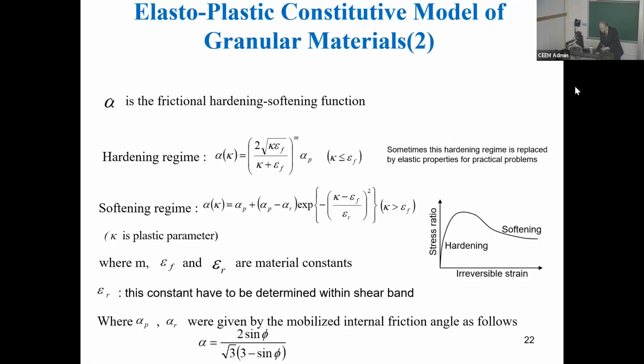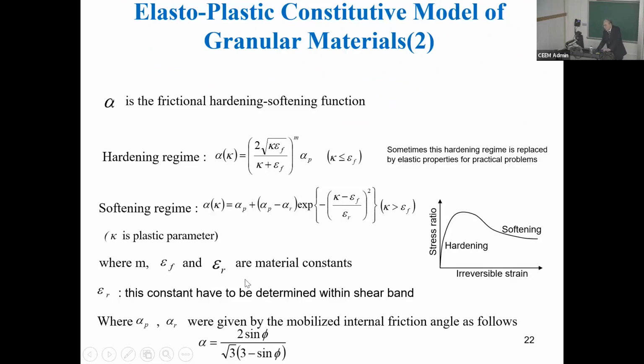But in practical application, sometimes this hardening regime is replaced by elastic property for practical problems. And this is the softening regime or hardening regime. Softening is an exponential function. Of course, cut by the plastic parameter.